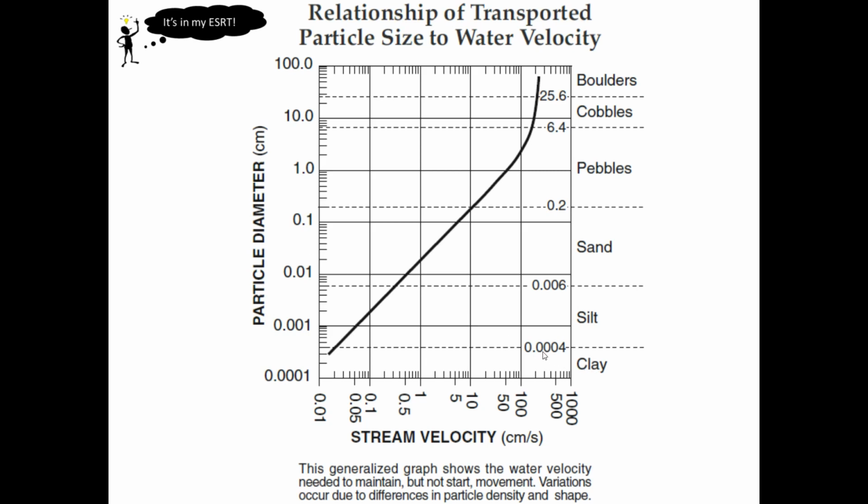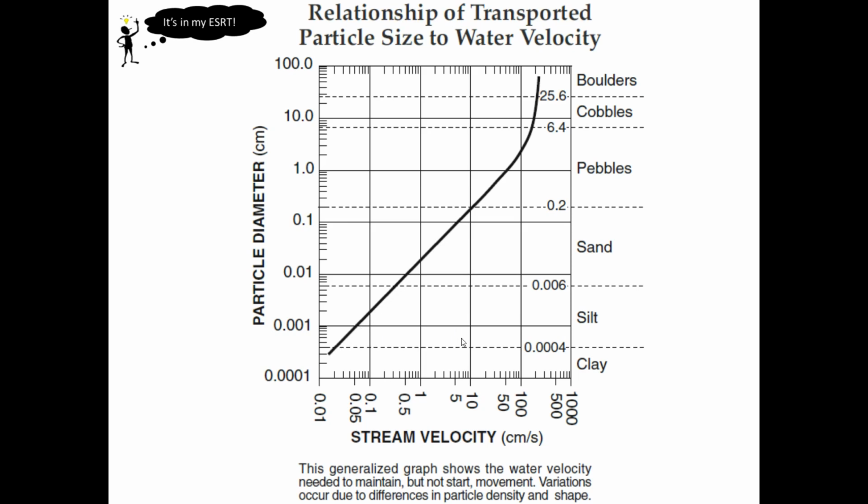So clay is super tiny stuff, microscopic size particles, 0.0004 centimeters or less. Silt size is a little bit above that. Sand size, which you're familiar with, then pebbles, then what we call cobbles, and then boulders are at the top, anything bigger than 25.6. Now what this is basically showing is, in order for a stream or a river to transport these sediment sizes, it has to go faster and faster and faster, okay?